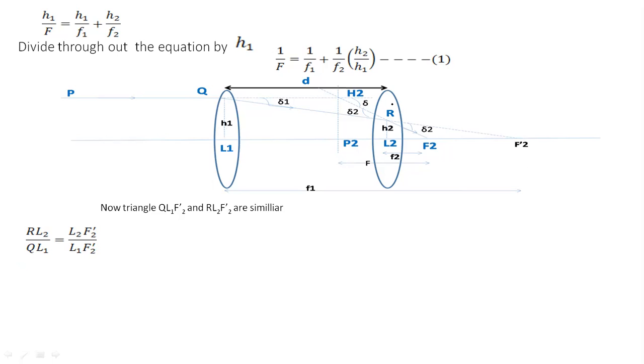So the ratio of RL2 divided by QL1 is equal to the ratio of L2F2' divided by L1F2'.